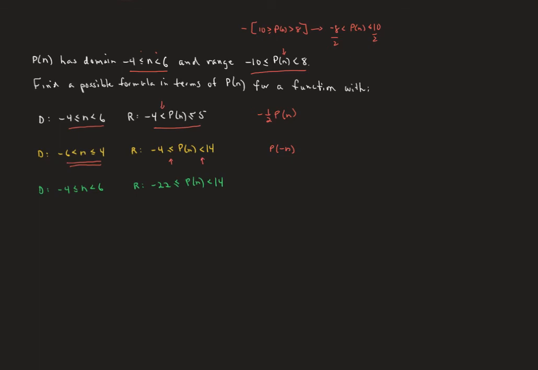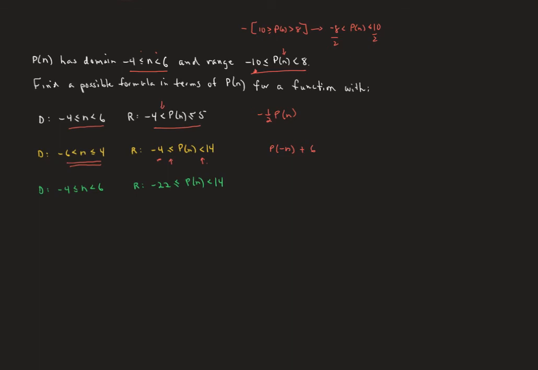But let's see, from -10, the lower limit there, to -4, how are we going to get there? Maybe we added 6. Because if we added 6 to -10, that would take us to -4. And if we added 6 to the 8, that would also get us to 14. So I think we added 6 to those y values.